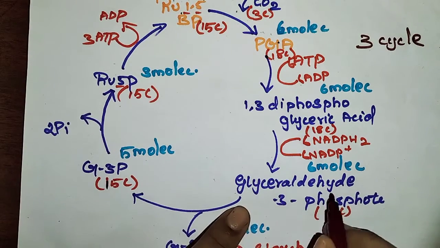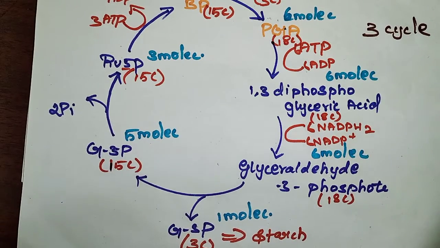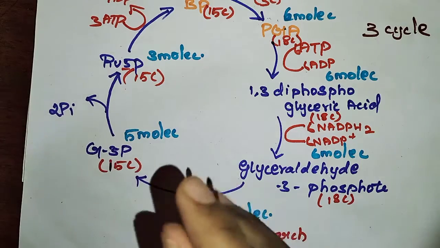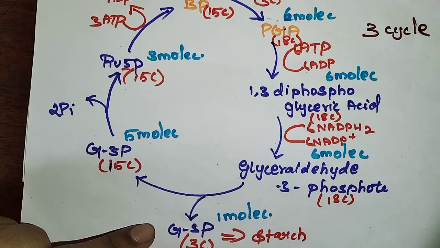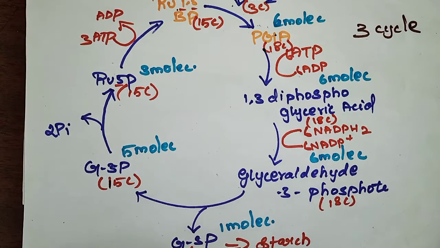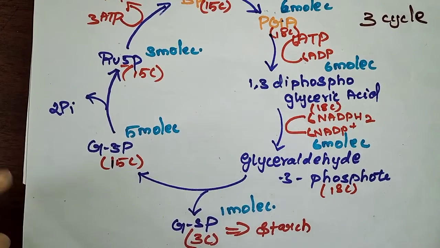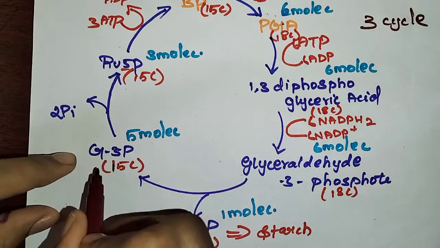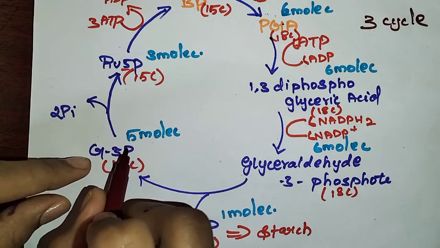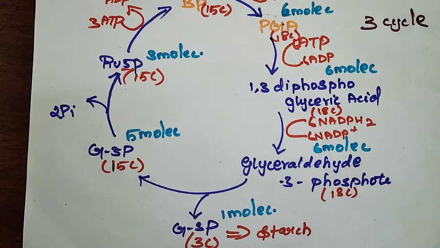Then glyceraldehyde 3-phosphate is formed. One glyceraldehyde 3-phosphate is fixed. So this is our product per cycle. For 3 cycles we get one 3 carbon, for 6 cycles we get two 3 carbon, and then 1 glucose is fixed. Now these 5 molecules fix to ribulose 1,5 bisphosphate.